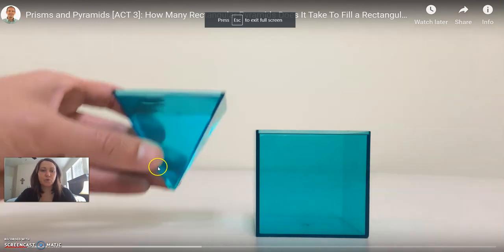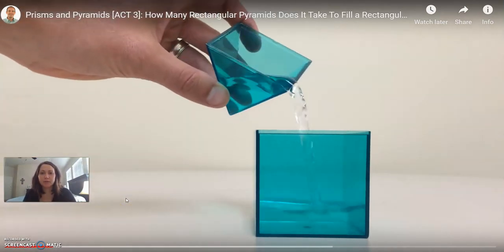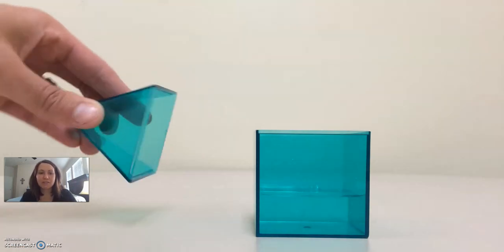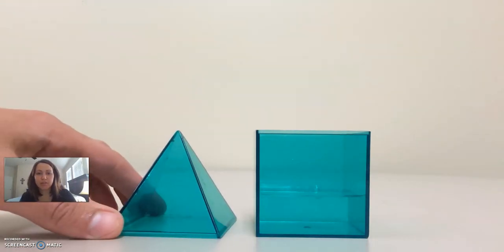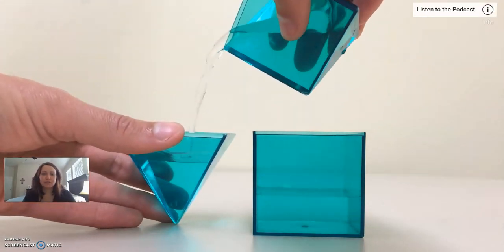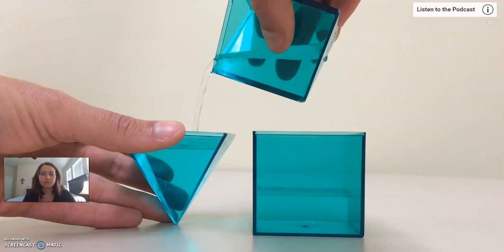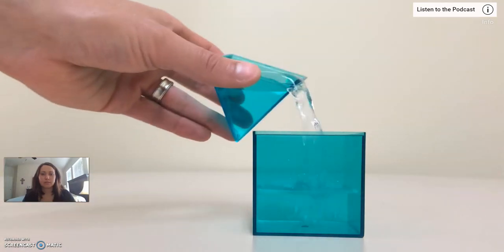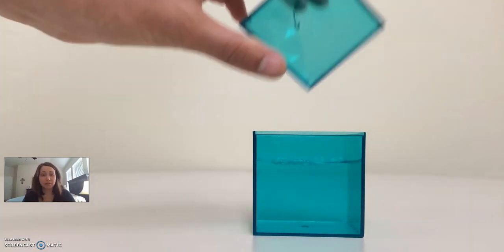So he's got this full of water and he's gonna dump it in the cube. And you can see that that one pyramid did not fill the cube. The cube is only about 1/3 of the way full. Okay, so he does it again. Okay, still not full.